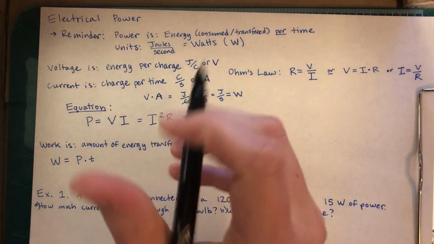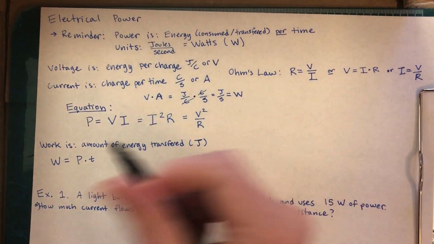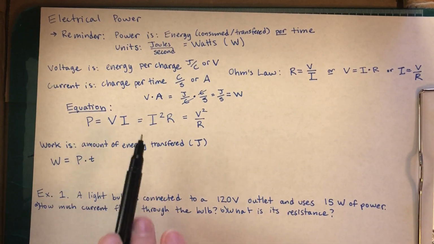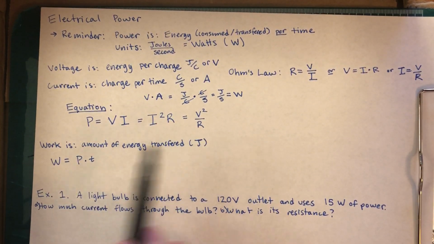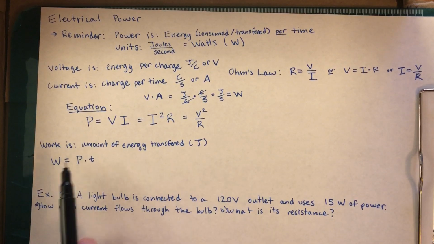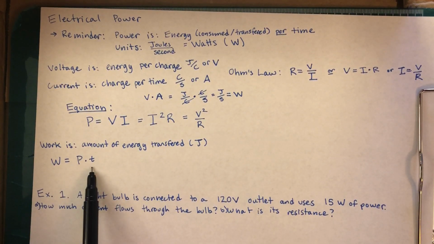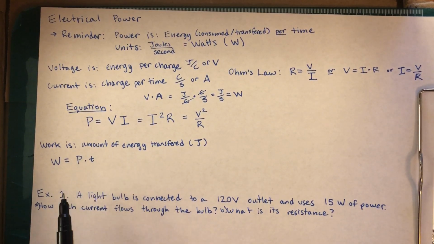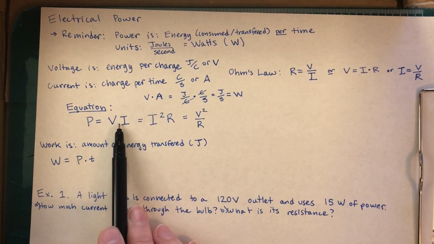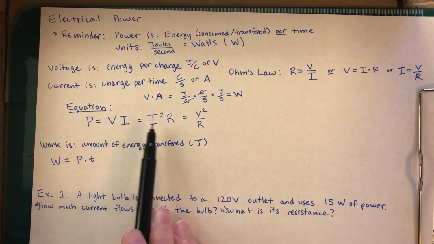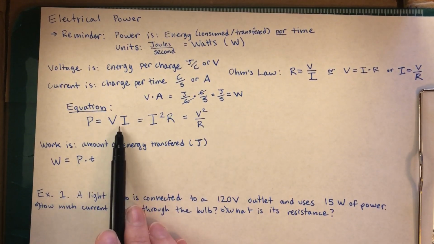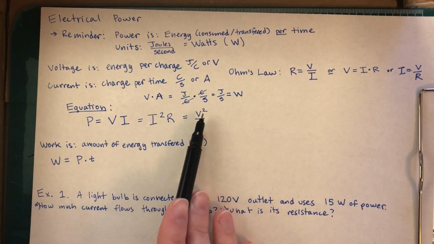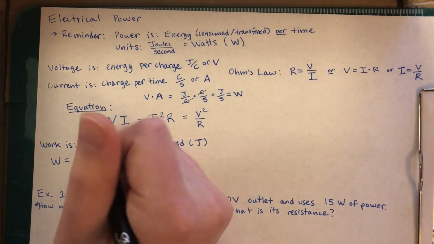And then there's other ways to calculate the work, but really it's just doing this same strategy again of coming up with different versions of the equation by combining things together. So work is the power times the time. That's sort of how power is defined. But because it's the power times the time, we could also take any of these expressions and multiply them by the time, because VI is the same as power, I squared R is the same as power, V squared over R is the same as power.